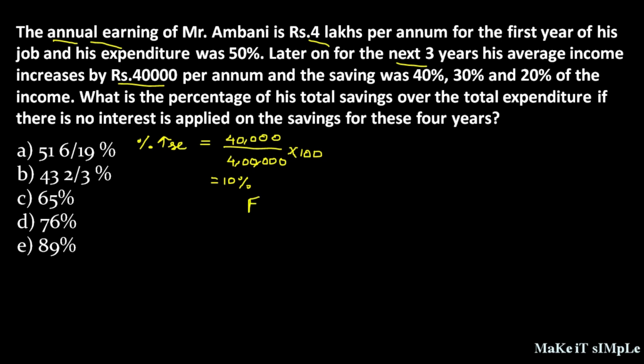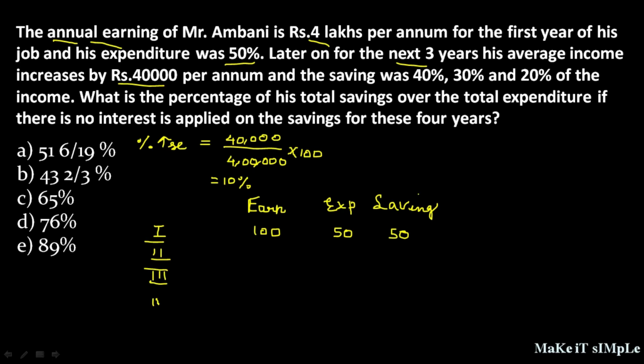So first what they have given, earnings, then expenditure, then savings. Okay, it is for 4 years. So in the first year, initially the earnings is 100 and they have given 50% as expenditure. So savings is again 50%. So for the next 3 years, 2, 3 and 4.